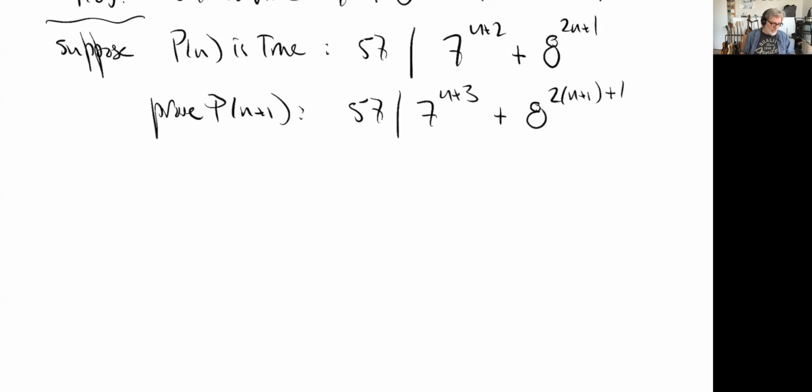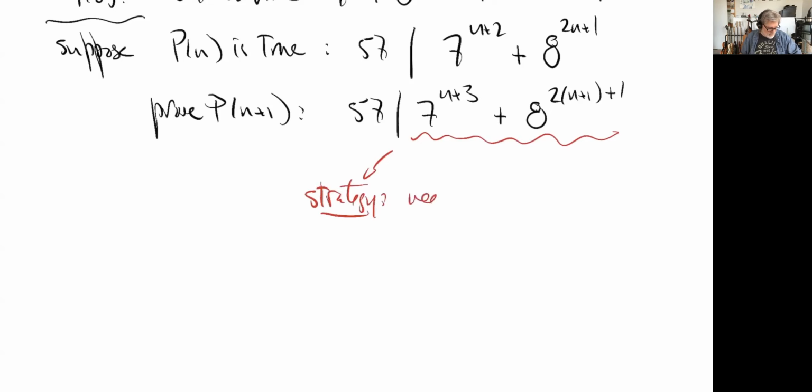Okay, so you have to use the fact that 57 divides 7 to the power n plus 2 plus 8 to the power 2n plus 1. So if you are going to use that, then obviously, you're looking at this here. We have to get, so, strategy.